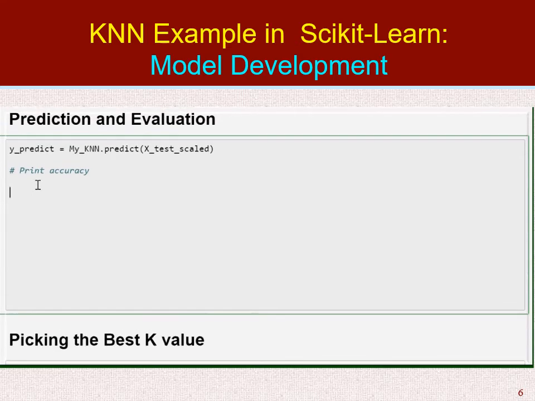So let's go ahead and see what it is. This is not a regression model, so we cannot use the R-square. There is a module in Scikit-Learn, metrics, that has all the accuracy metrics for evaluating the accuracy of a model. So here we're going to use the accuracy score from that module.